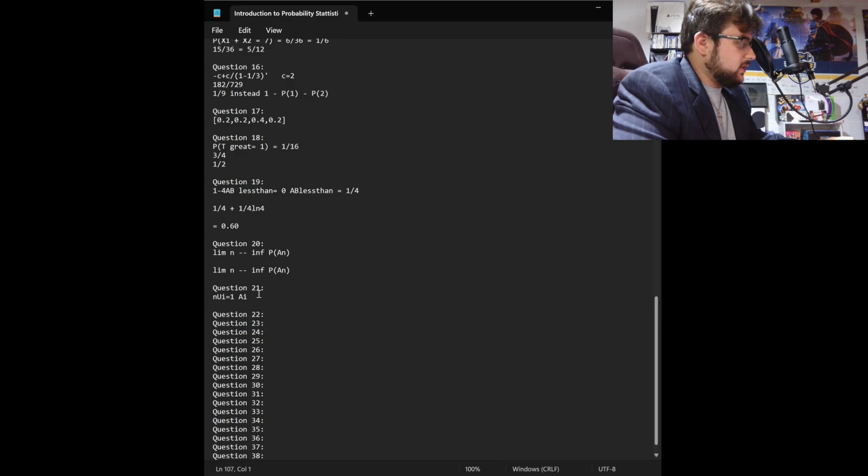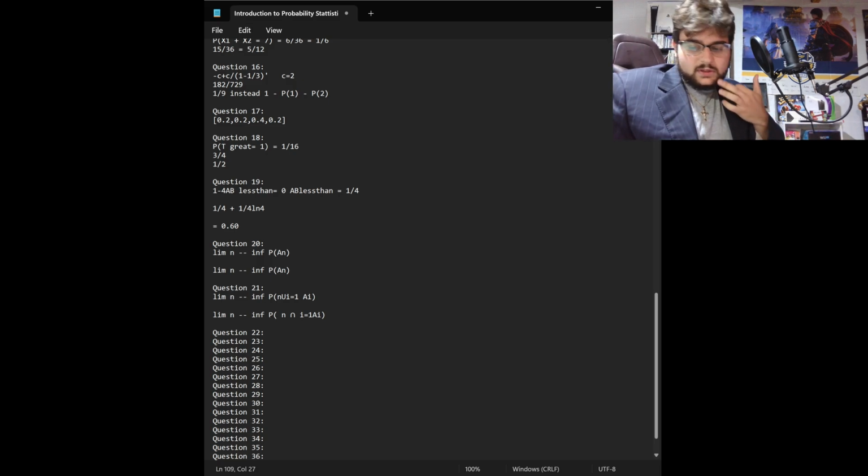If you want the proof, you take this and you just put the limit and the infinity, and then you bracket the whole thing. And then if you want the proof for B, it's the same as before, but instead of the union, you use the intersection of B_i, and you go like this, and that will give you the other one.